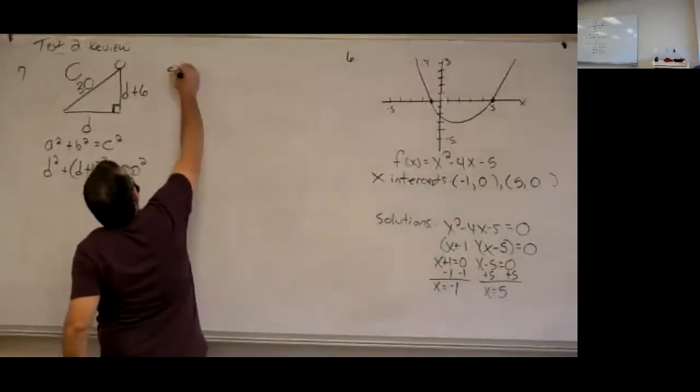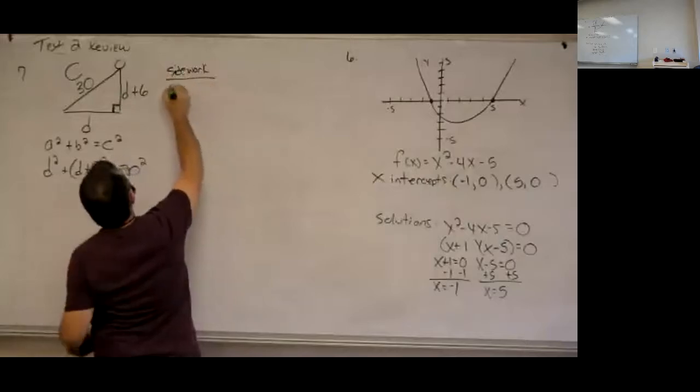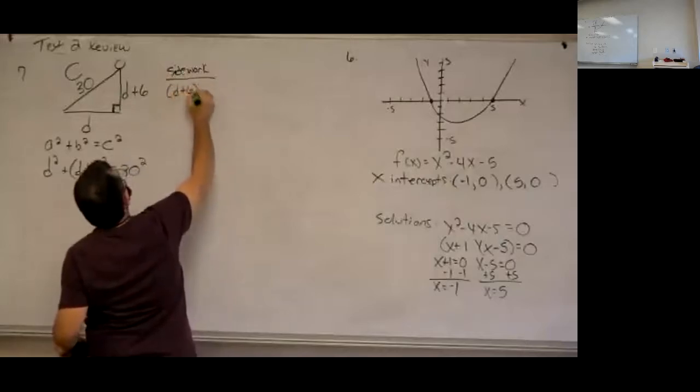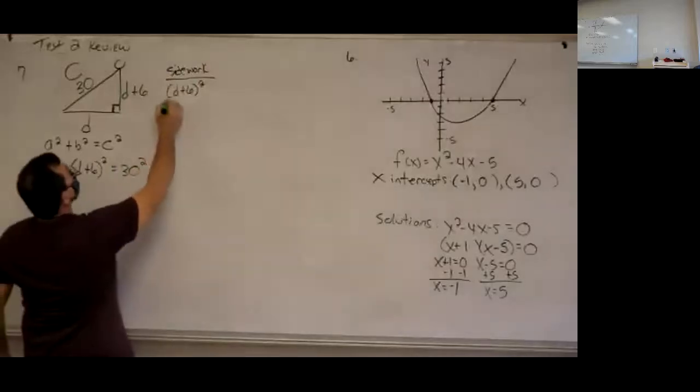Do a little side work real quick on that D plus 6 squared. This is probably where I get most people on this one. That's the D plus 6 times the D plus 6.